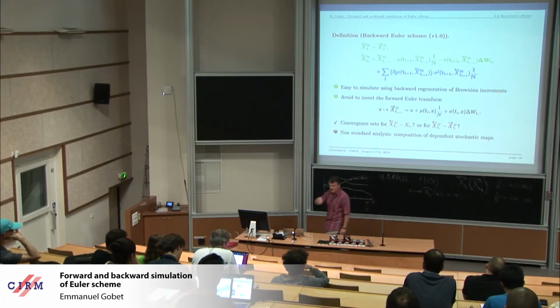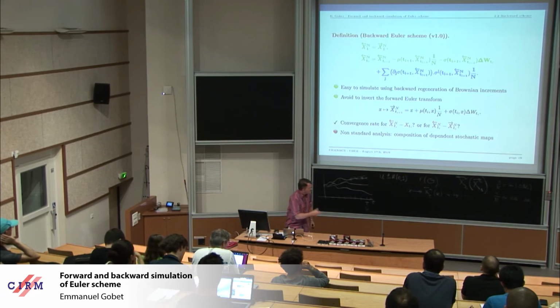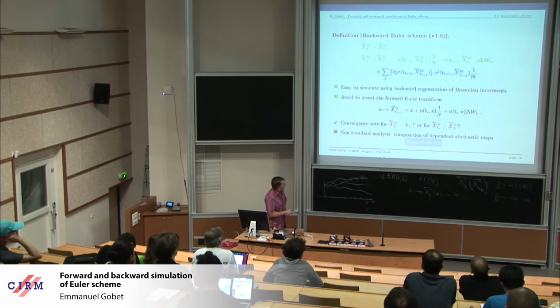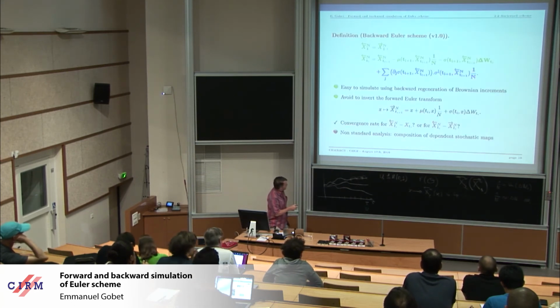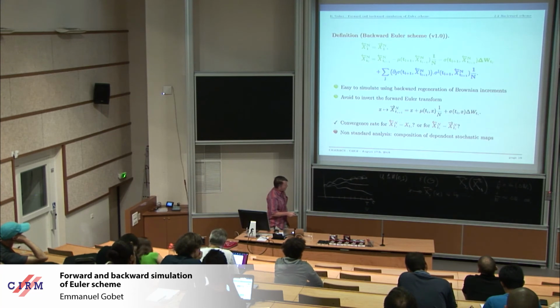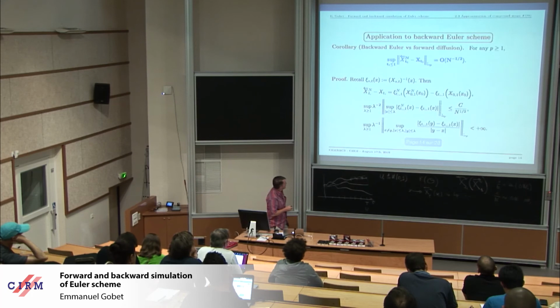If you average these, at the end you have something accurate. This is the basis for the basic argument for approximating quadratic variation typically. So here what we're going to replace is the 1 over n by a suitable product of Brownian increments. And it will give rise to the second Euler scheme.